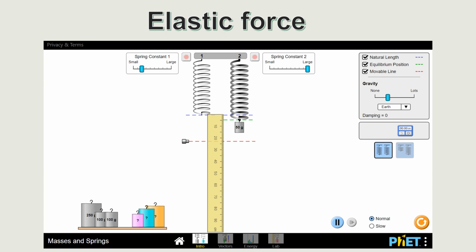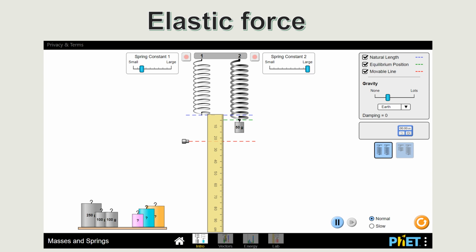So if you calculate these 50 grams, when you convert it into kilograms, which means that you need to divide it by 1000, that will be 0.05 kilograms. And if you know the small g, let's round it up, it's 10 newtons per kilogram. So that will be 0.5 newtons of force applied on this spring.